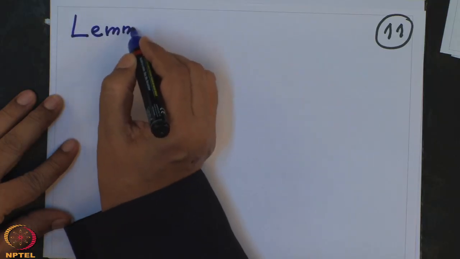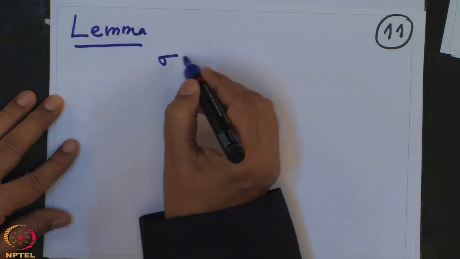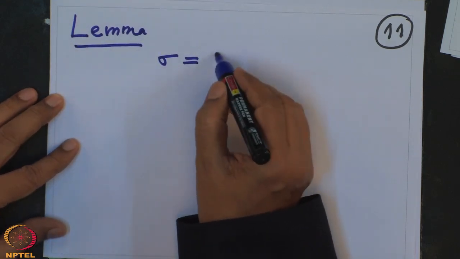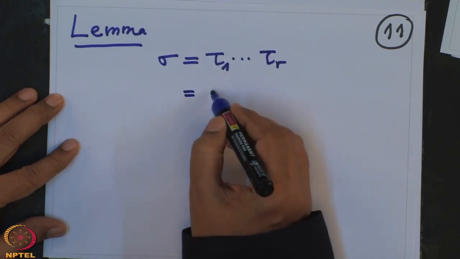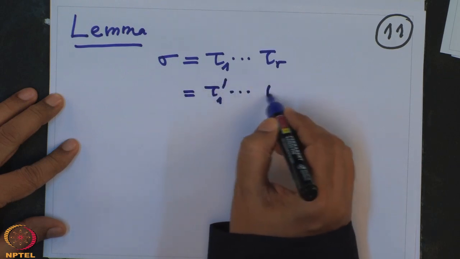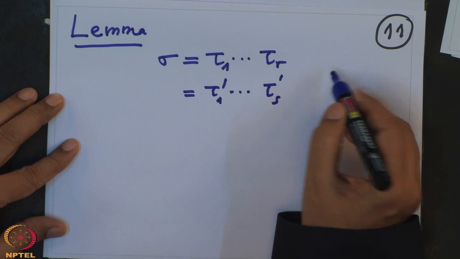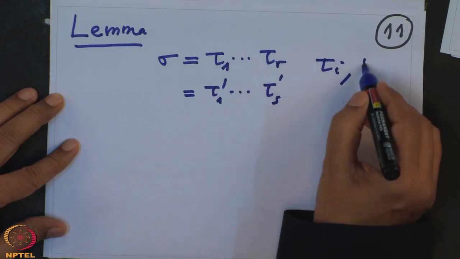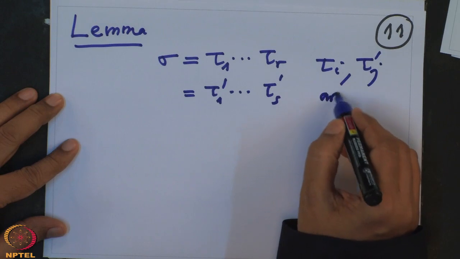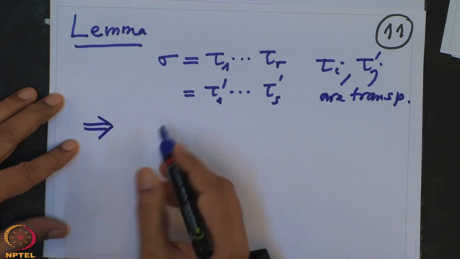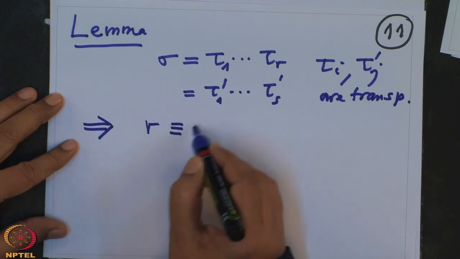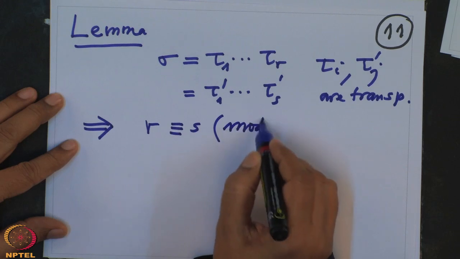But what we can assert is the following easy lemma, which I am not going to prove, and I will leave it as an exercise. If sigma is a product of transpositions in two ways, tau 1 to tau r and tau 1 prime to tau prime s, where the tau i and tau prime j are transpositions, then r and s are equal mod 2.